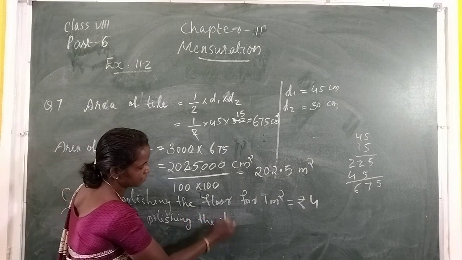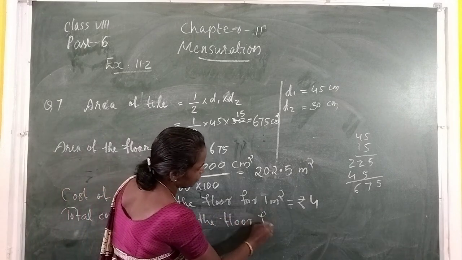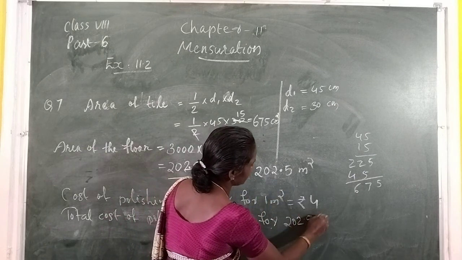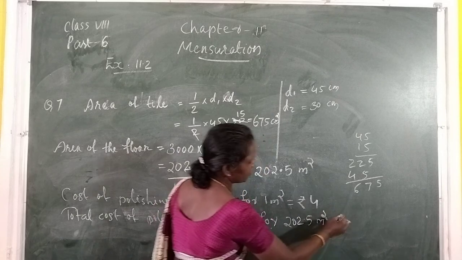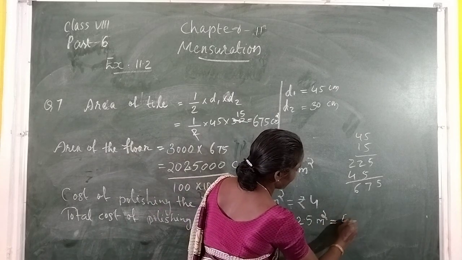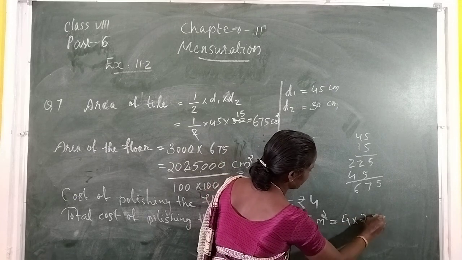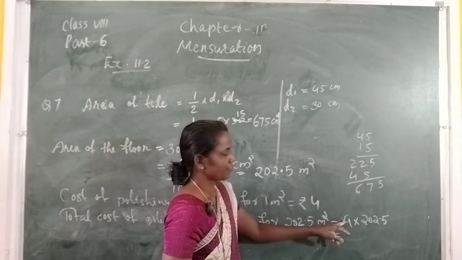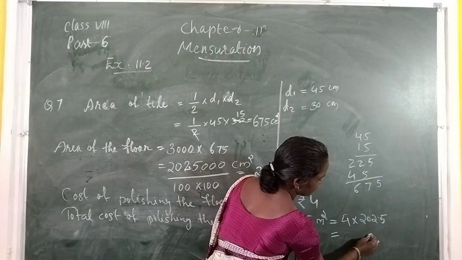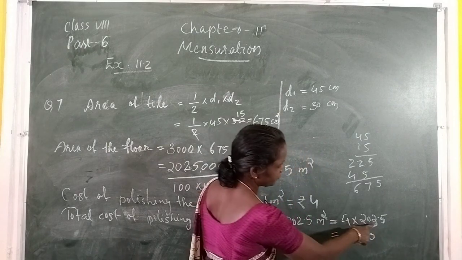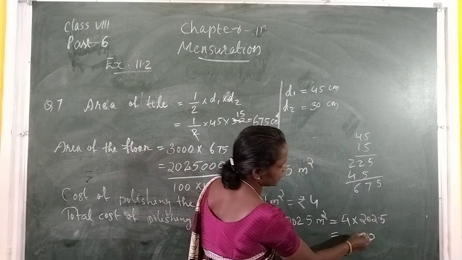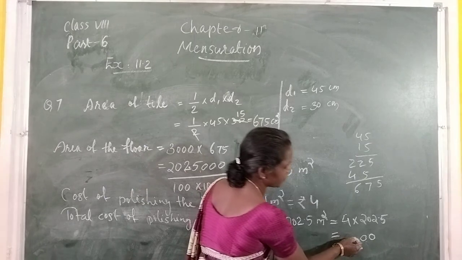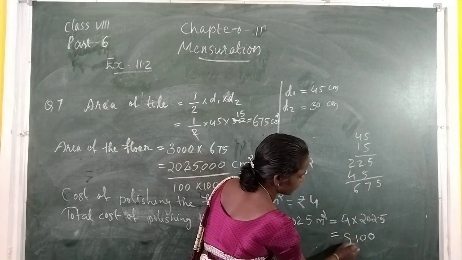The cost is equal to 4 multiplied by 202.5. 4 fives are 20, carry 2. 4 twos are 8, 8 plus 2 is 10, carry 1. 4 times 0 is 0, plus 1 is 1. 4 twos are 8.